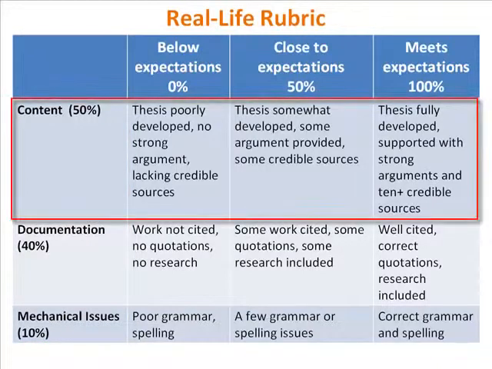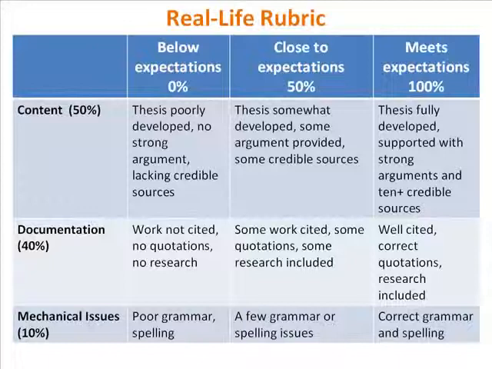So the content, if you have a poorly developed thesis, no argument, no credible sources, you're not going to get any of the points for that category. Meets expectations, at the far right, the thesis is fully developed, supported with strong arguments and 10 or more credible sources. Then you'll get at least half of the points possible for this assignment.